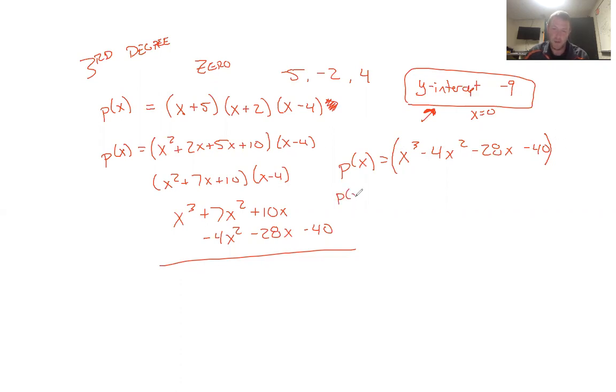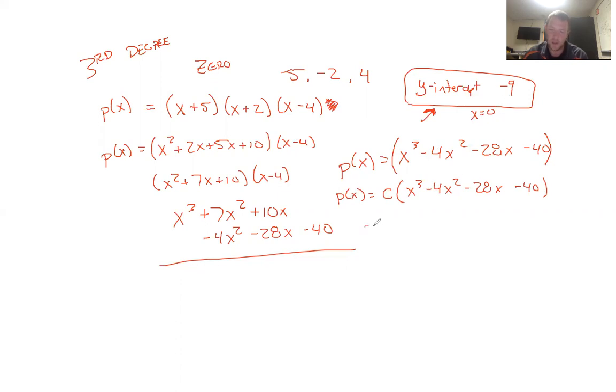So I'm going to have p of x is equal to some constant value times x cubed minus 4x squared minus 28x minus 40. Now what do I want this value to be? Well, when x equals 0, I want the y value to be negative 9.